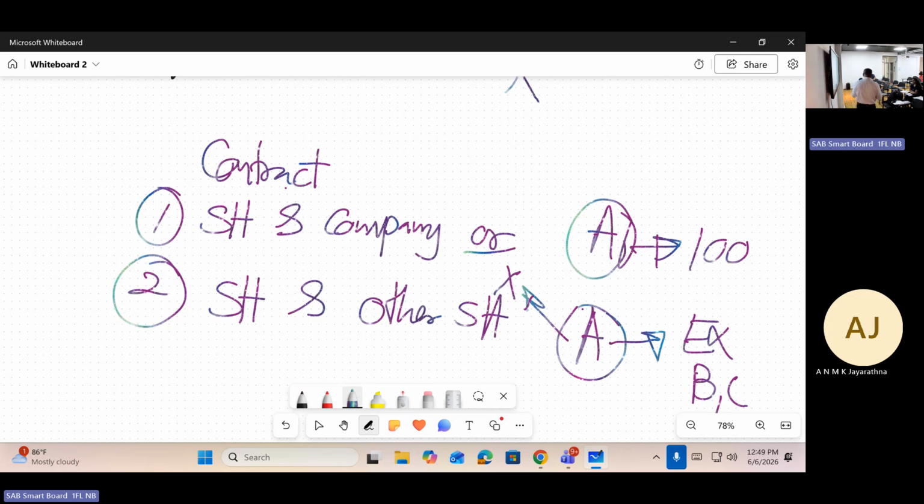So automatically a binding contract means one between shareholder and the company. The second type of contract is between a single shareholder and other shareholders and the company. So if there is any violation, in order to recover damages, the aggrieved party or innocent party can bring an action.